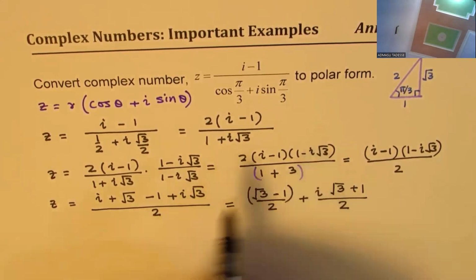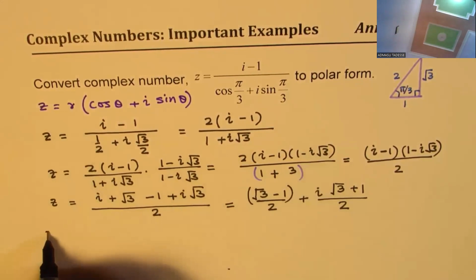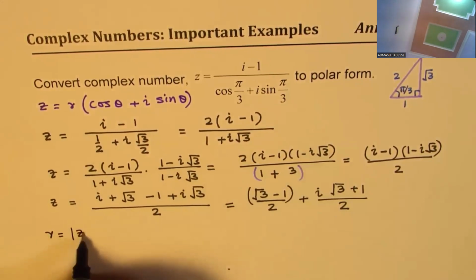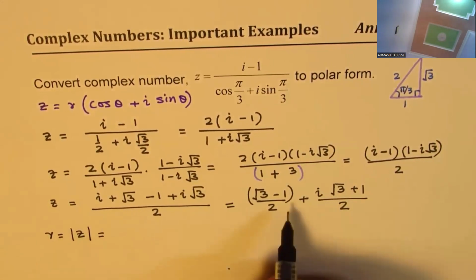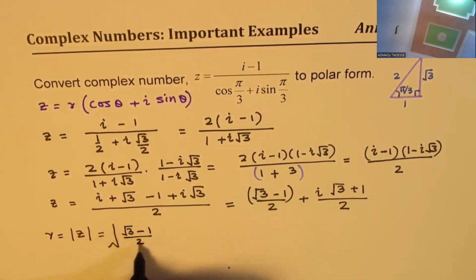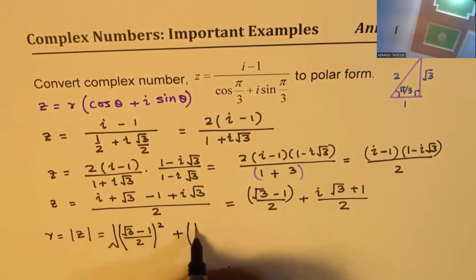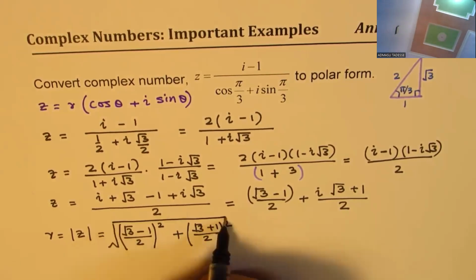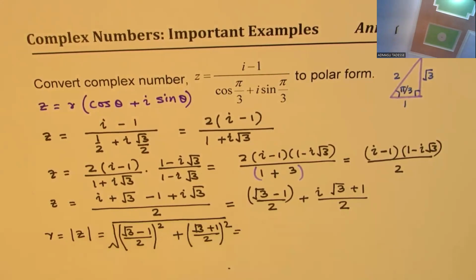To find the magnitude, which will be r for us, r will be equal to the magnitude of this complex number, which will be the square root of a squared plus b squared. So it will be the square root of ((square root 3 minus 1) over 2) whole squared plus ((square root 3 plus 1) over 2) whole squared.